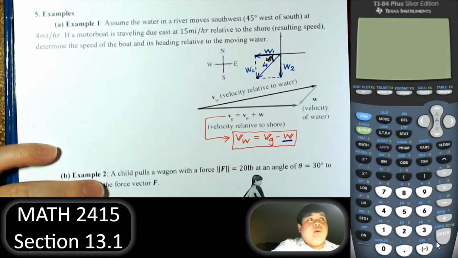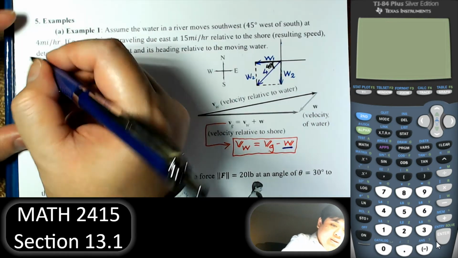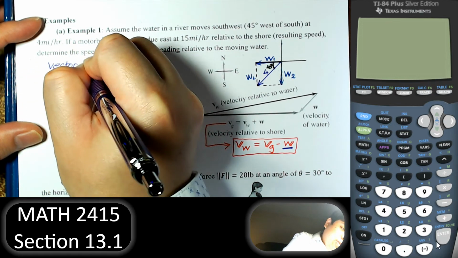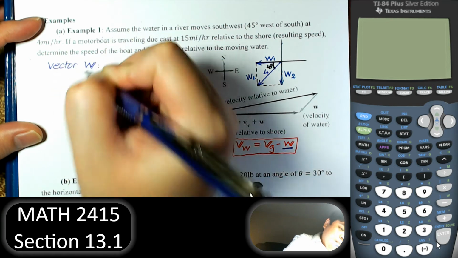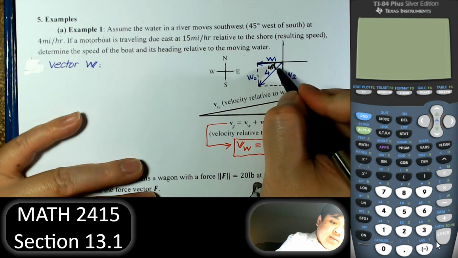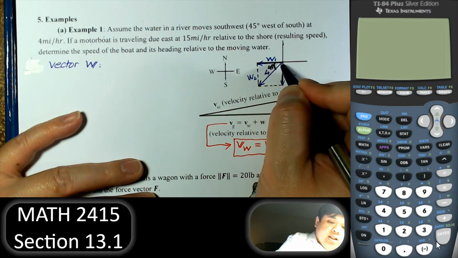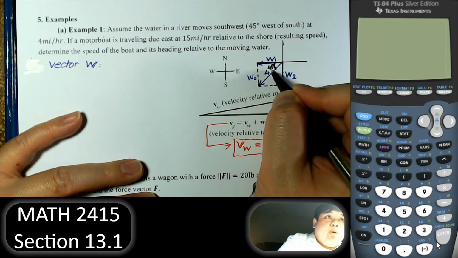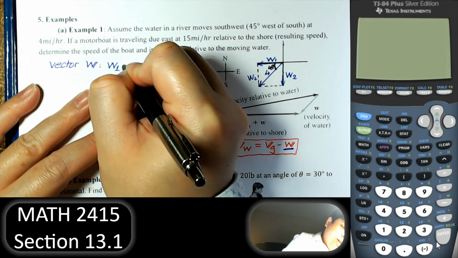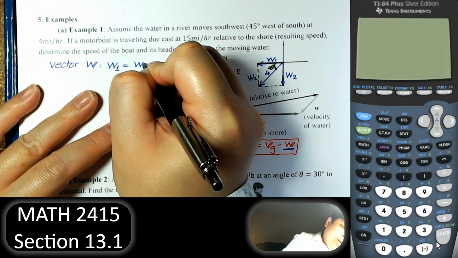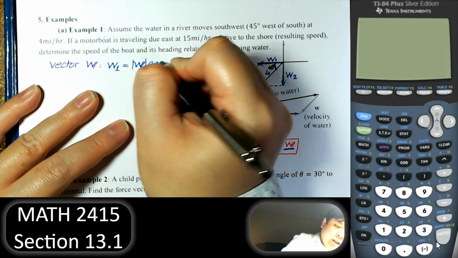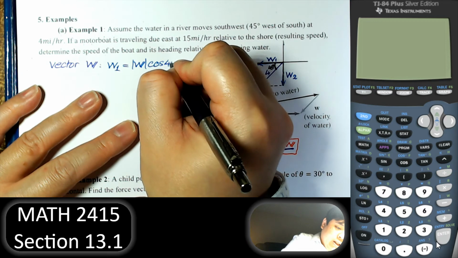So I'm avoiding trying to underline anything at random. So first of all, let's say the vector W. We have W1 is adjacent to 45 degrees, so that will be cosine. W1 is the magnitude of W times cosine of 45 degrees.